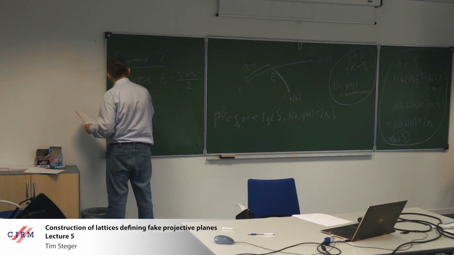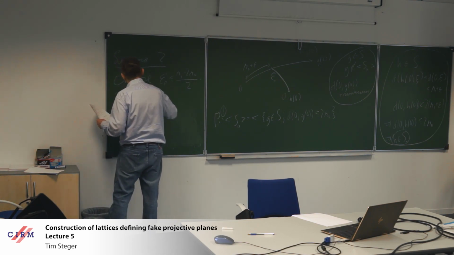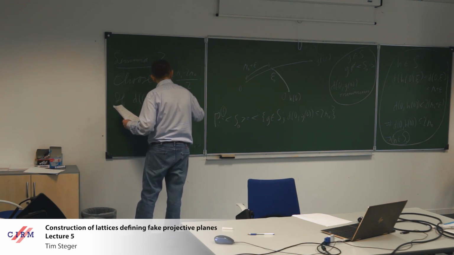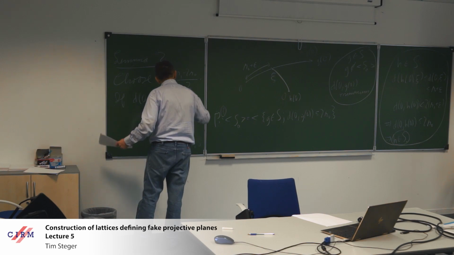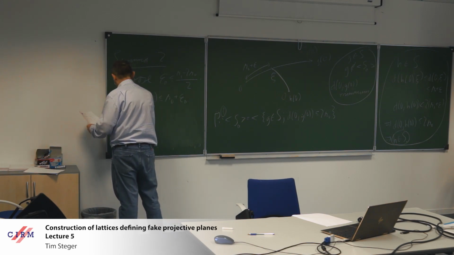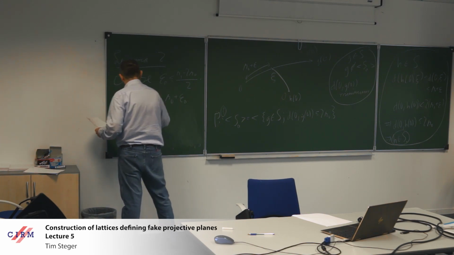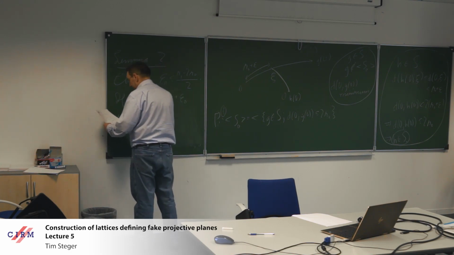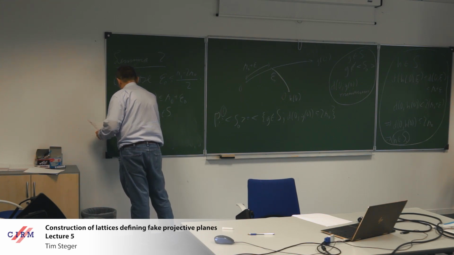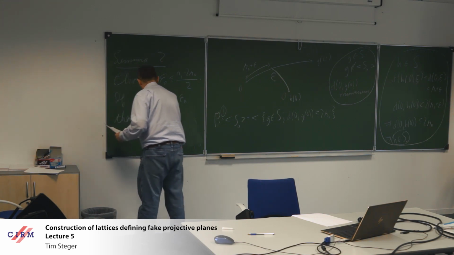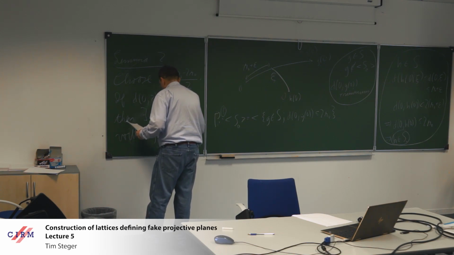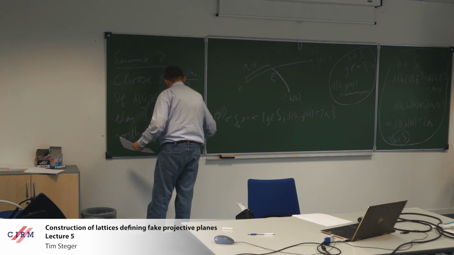So if the distance from O to Z is less than or equal to R0 plus epsilon 0, then there exists G in S with the distance from G of 0 to Z less than or equal to R0. Okay?